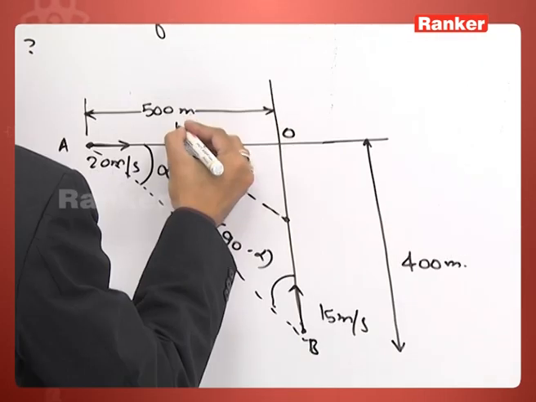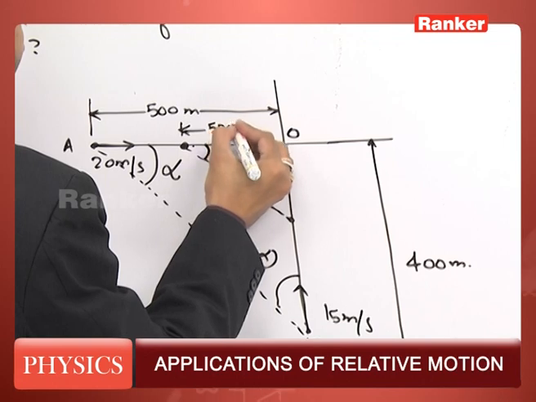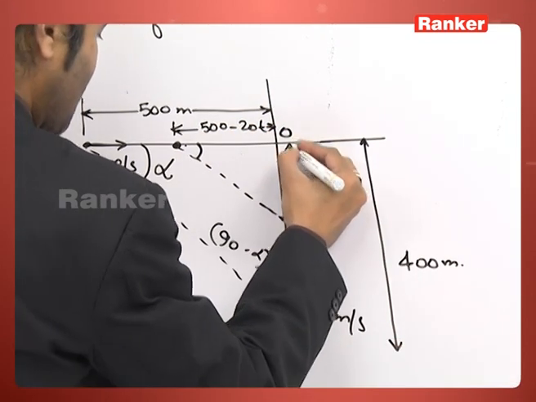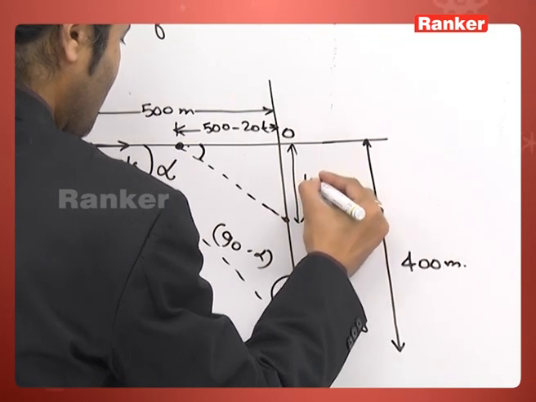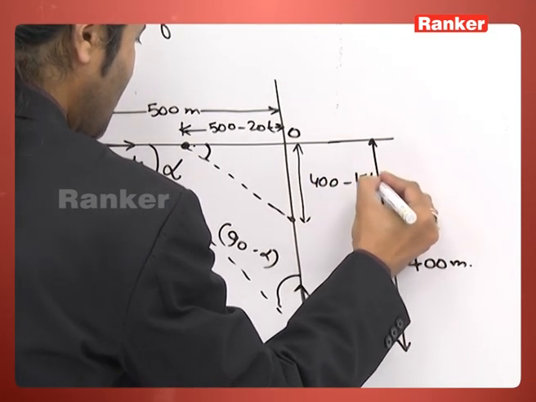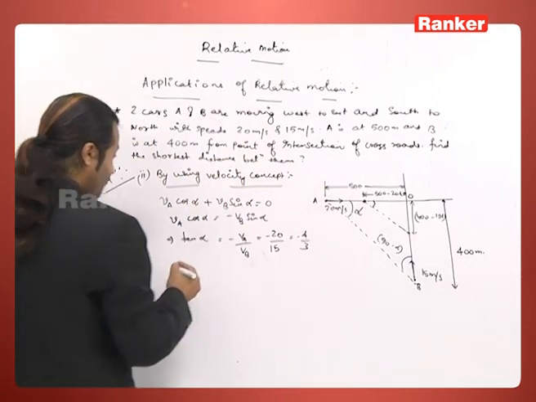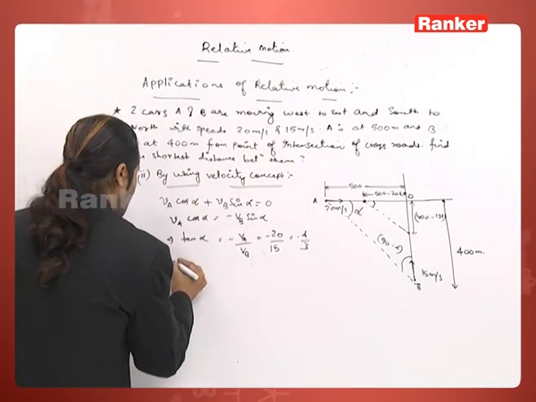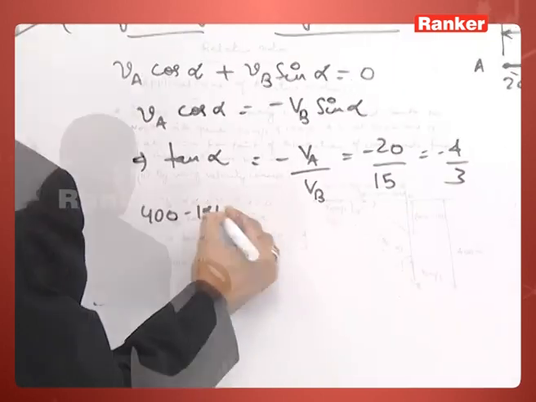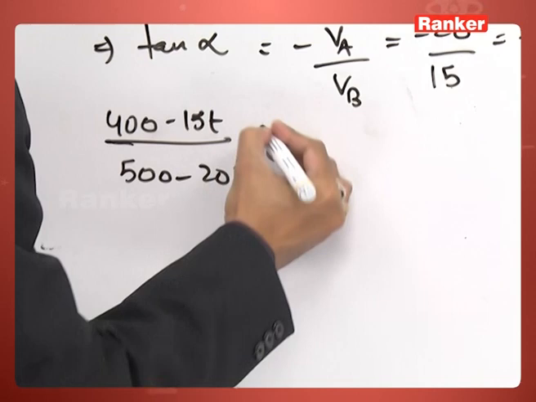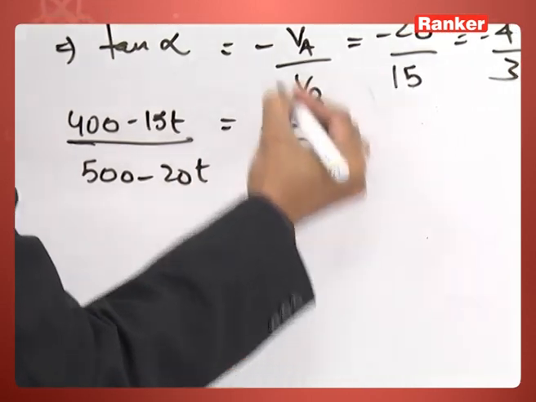This distance will be 500 minus 20t, and this one will be 400 minus 15t. Again alpha remains the same. So tan alpha, 400 minus 15t divided by 500 minus 20t, is equal to minus 4 by 3.